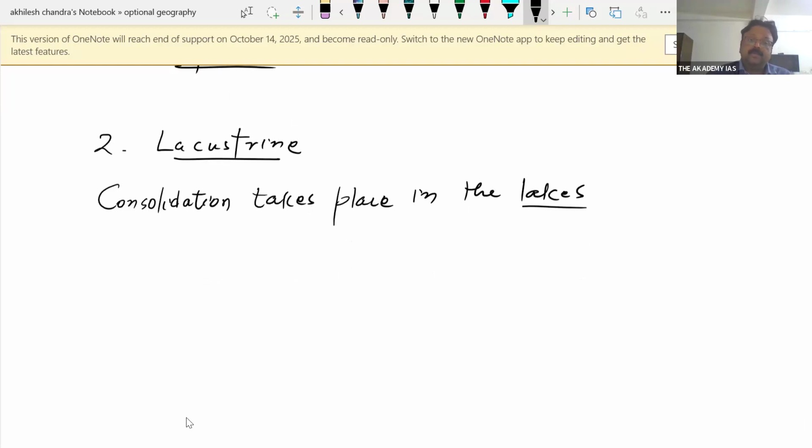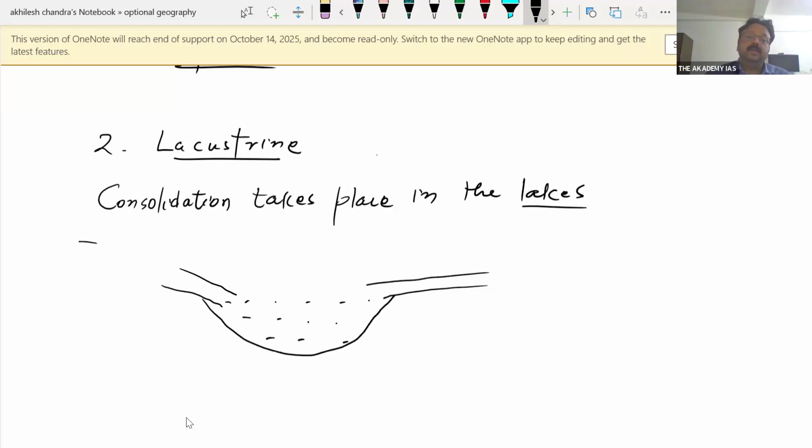And in lacustrine, we can have different types of alluvium. Now in a lake, this is a lake, children, this lake certainly contains some river drainage, so rivers would also have come here. This lake contains rivers and it may also contain glaciers; both are possible. So in lacustrine sedimentary rock, we have riverine sedimentary rock as well as glacial sedimentary rock.